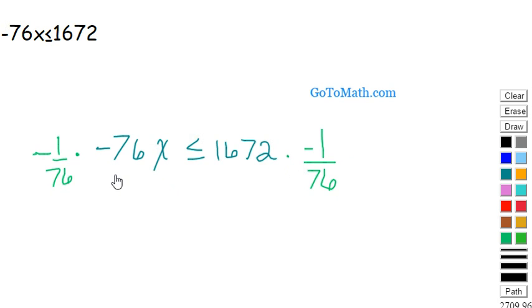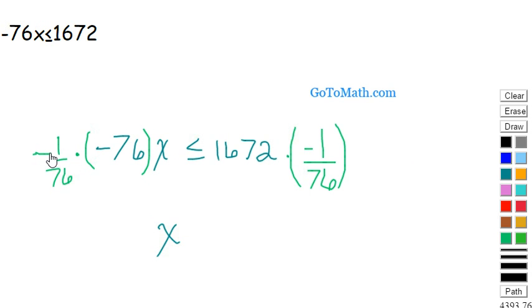A lot of times we put something in parentheses because of this negative sign, indicating that it's a negative, not a minus. So we have a negative times a negative, which cancels out to be 1, and we end up just rewriting x.